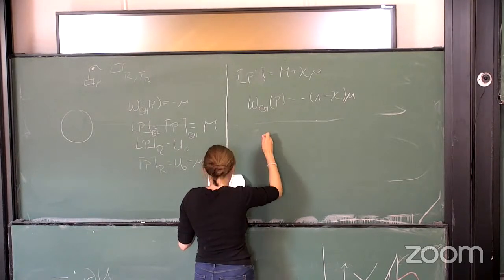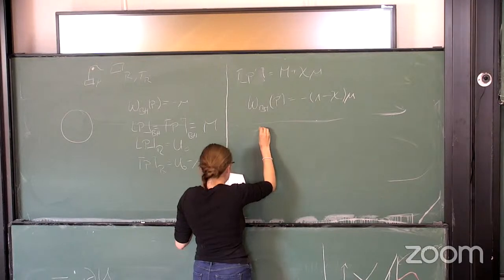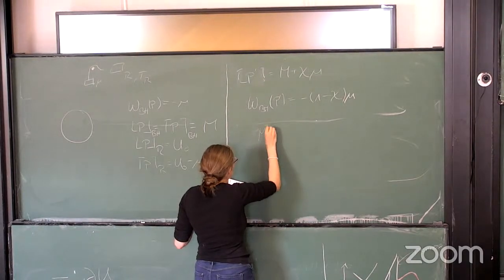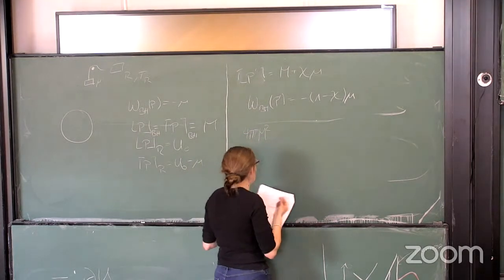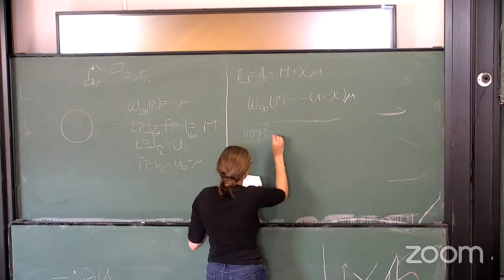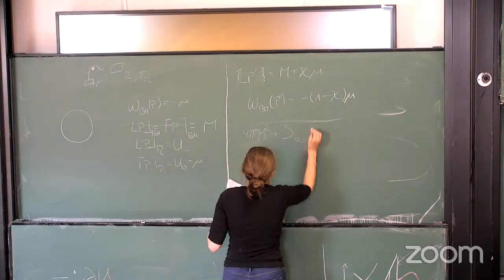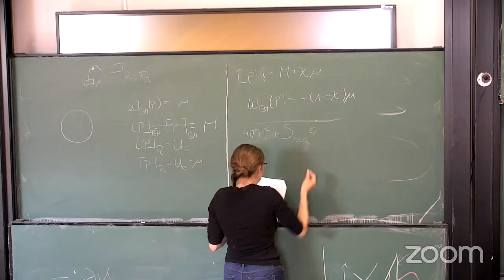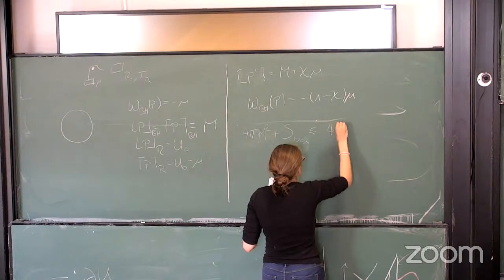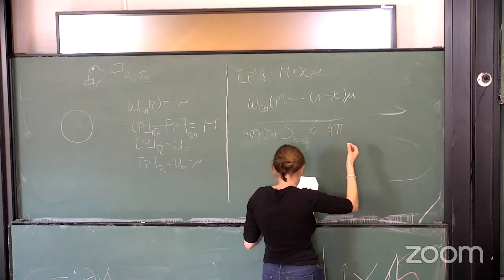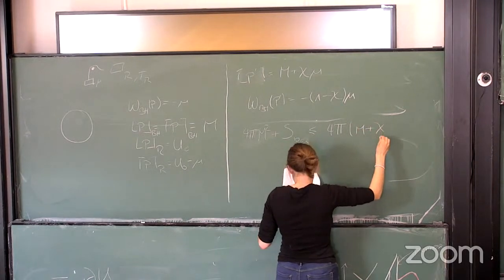The initial entropy is the entropy of the black hole, which is, as we know from before, 4 pi m, where we consider the black hole to be non-rotating, plus the entropy of the box, which has to be smaller than the final entropy, which is the entropy of the new black hole. We lost the box.